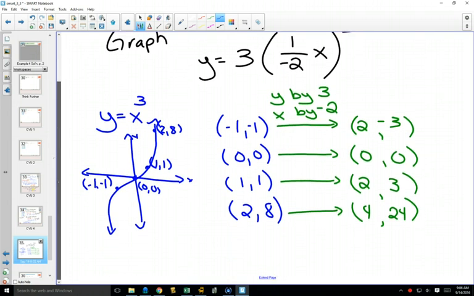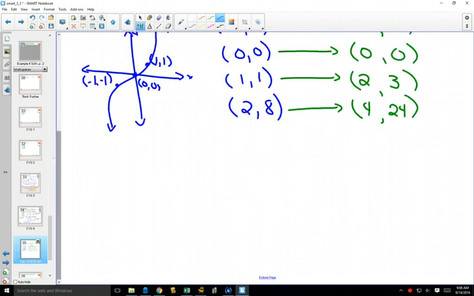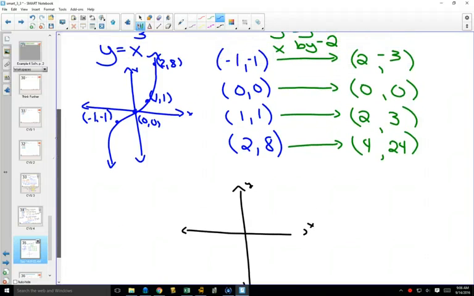Now when we go to graph this, 2, negative 3, 0, 0. Oops, 2, negative 3 is down. 2, negative 3 would be right here, sorry.